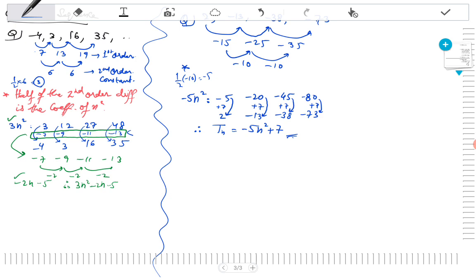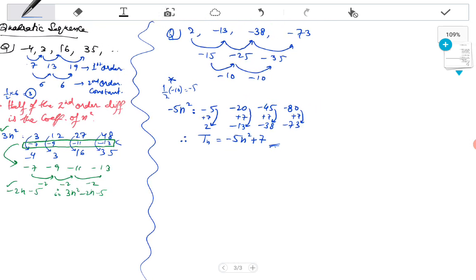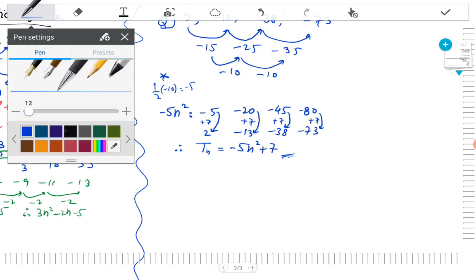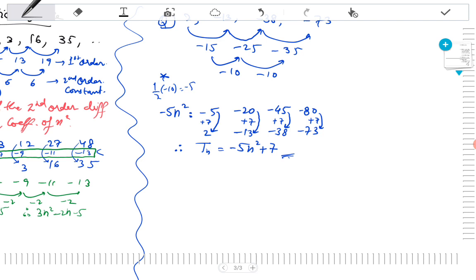Now for the cubic sequence. Cubic sequences are given in simple form, not so difficult form.